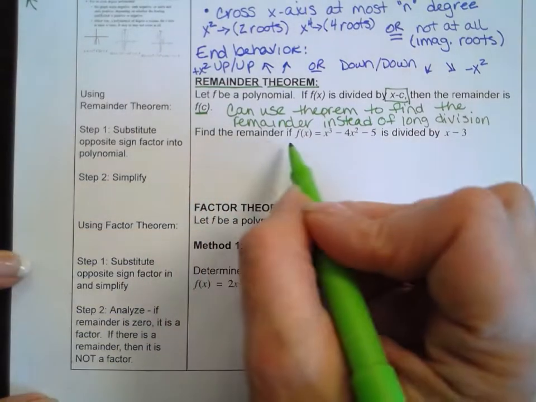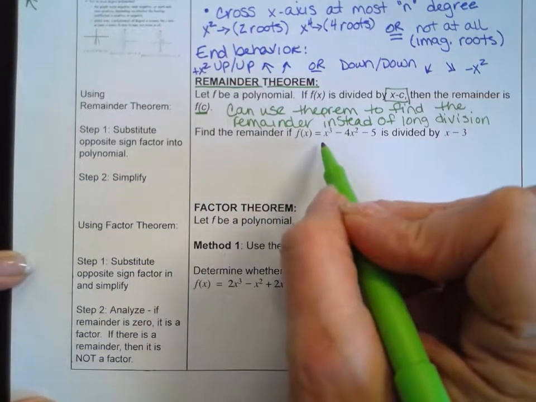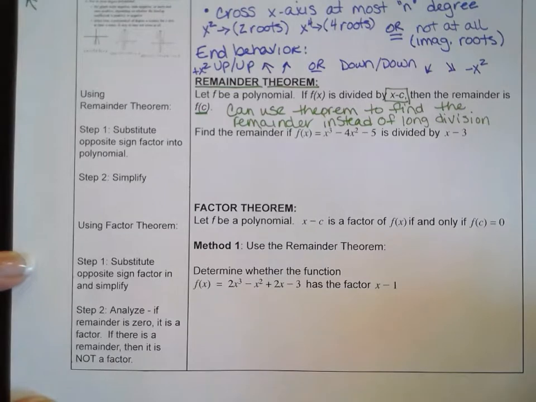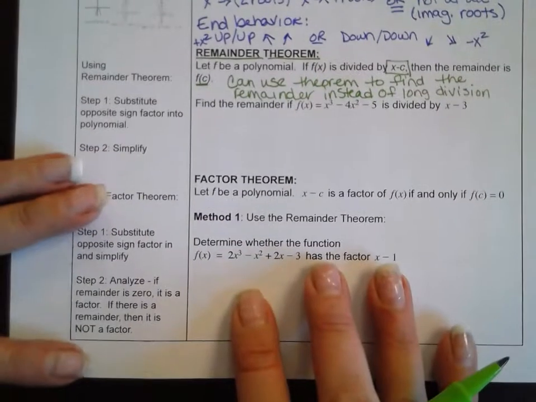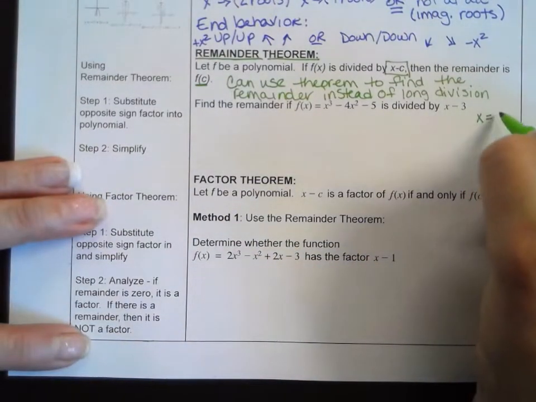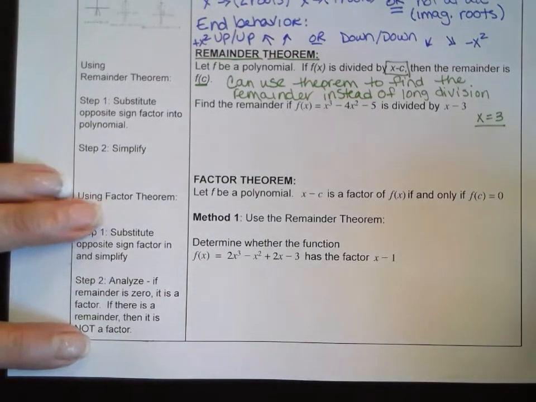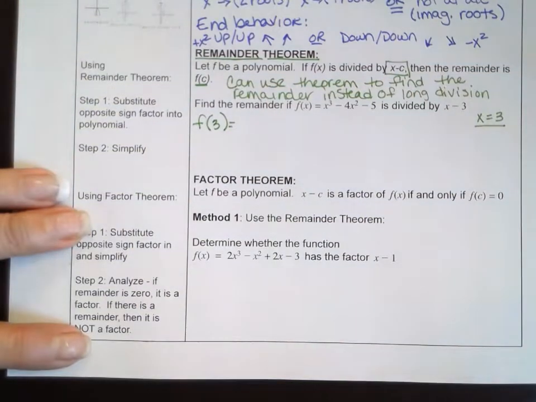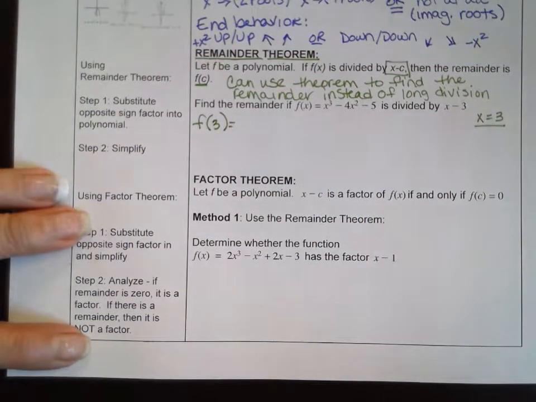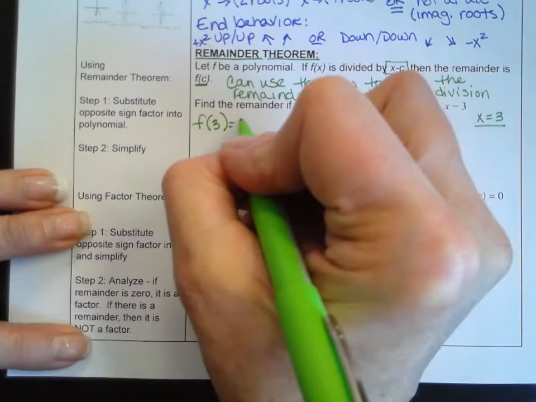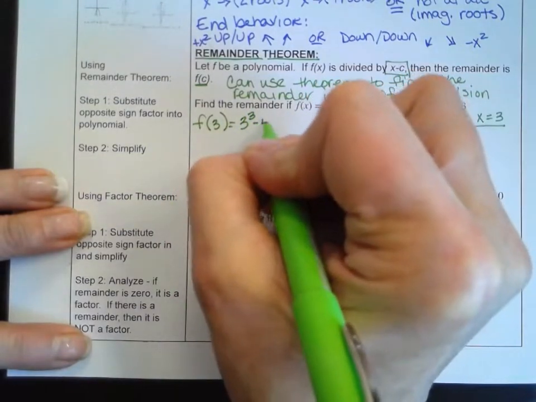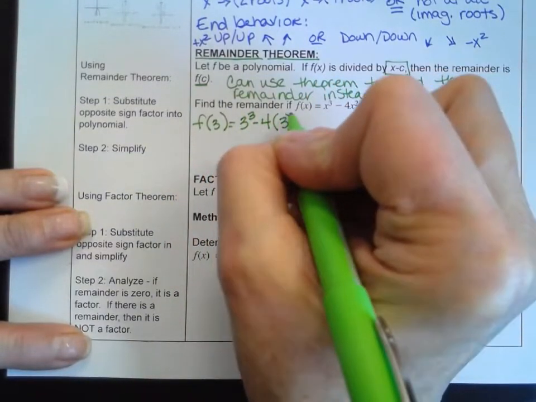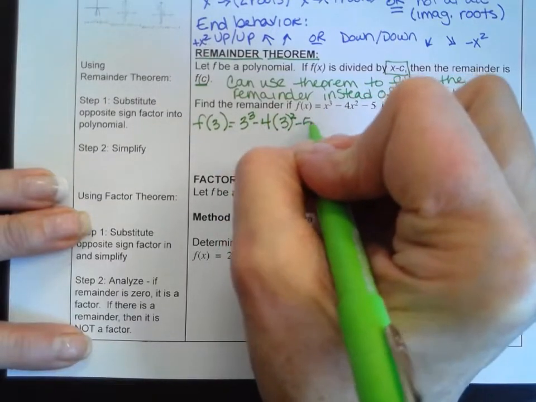So, if we want to find the remainder of f of x equals x cubed minus 4x squared minus 5, if it's divided by x minus 3, we don't want to go through all the long division. Then we can just say, that's like saying my root is x equals 3. So I substitute 3 into my equation. I would have 3 cubed minus 4 times 3 squared minus 5.